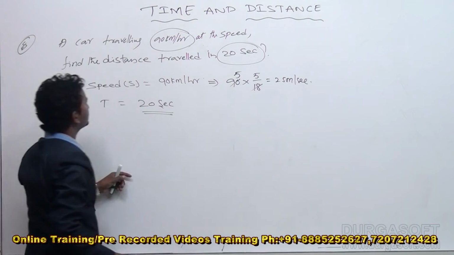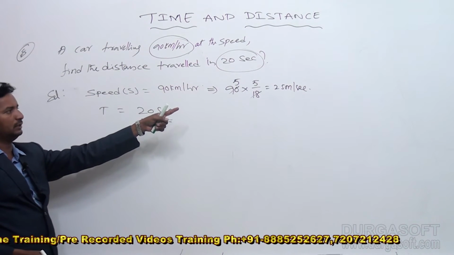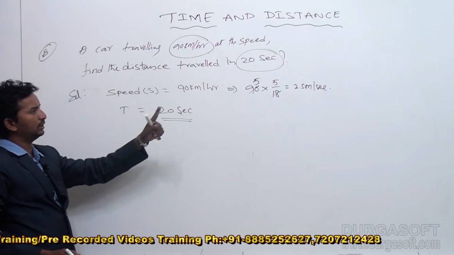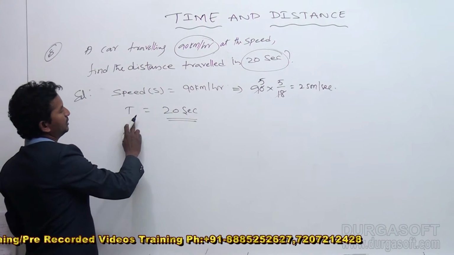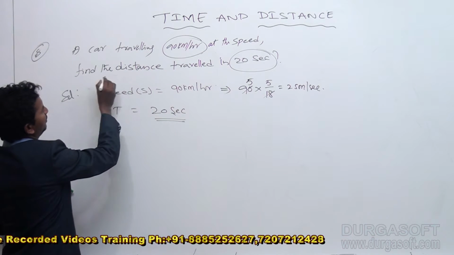The speed is converted into meter per second, 5 by 18, which gives 25 meters per second. The time is also in seconds. Now we are finding the distance.